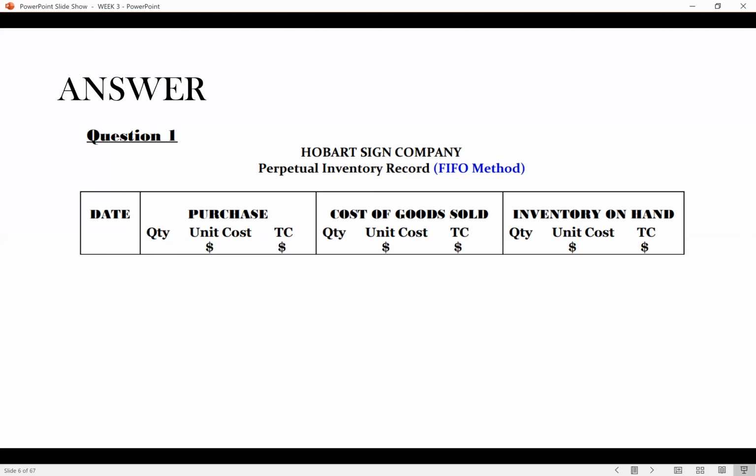So after each transaction, you have to update what is left. So if I sold from this, I have to subtract and put the remainder. If I purchased, what was there before, I know what I have. So I hope that kind of gave you an idea of what we're going to be doing. So let's look a little bit deeper in the question and go through.